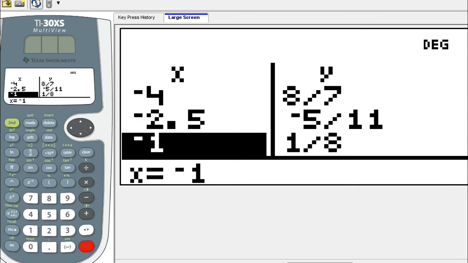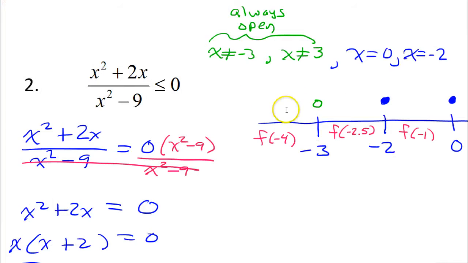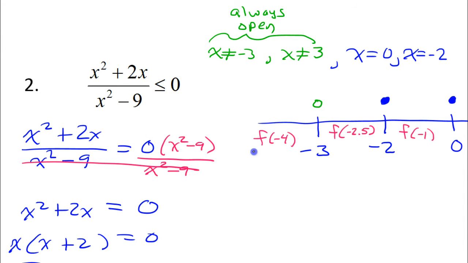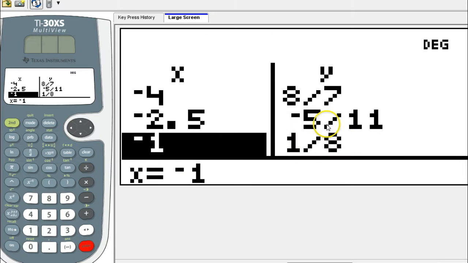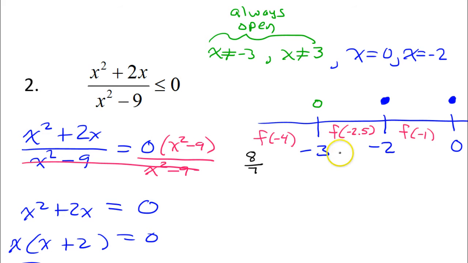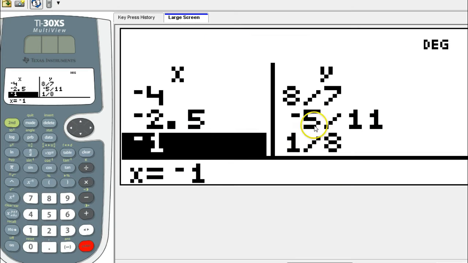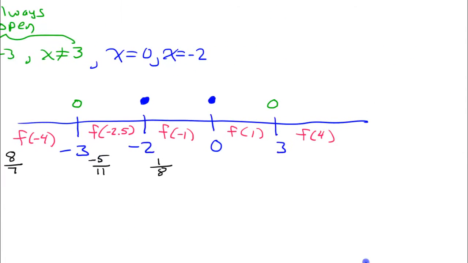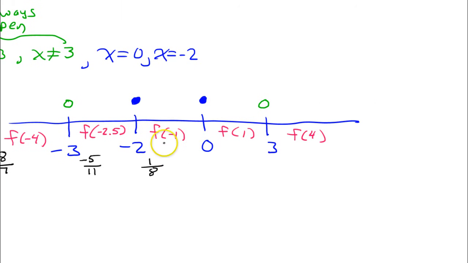Okay, so I need to write this down. So I have 8/7, and I've got -5/11, and I've got 1/8. Now I also need to check 1 and 4.